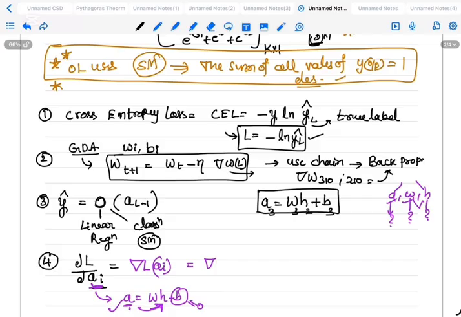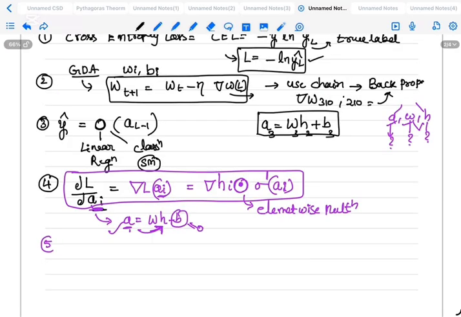So dou L by dou A_i equals dou L by dou H_i Hadamard product with sigma dash of A_i. This is element-wise multiplication.